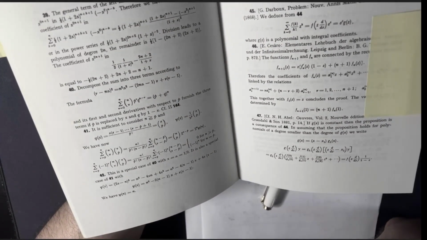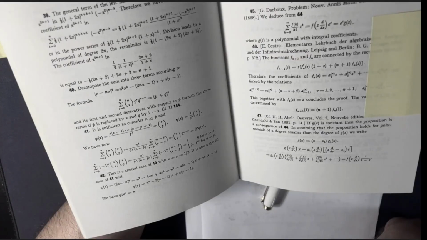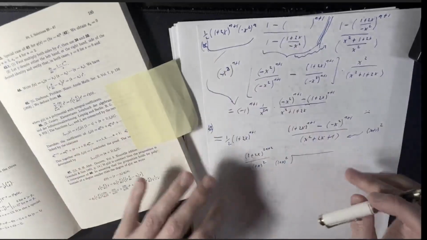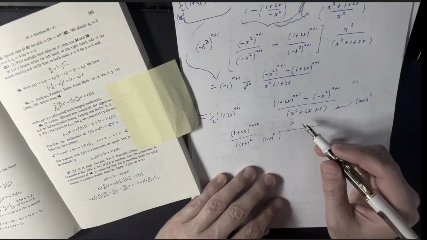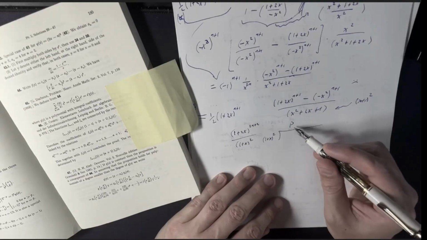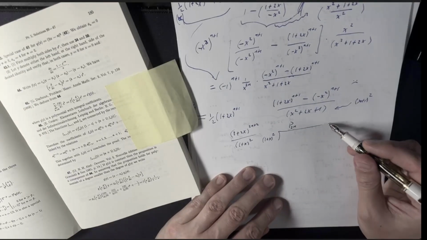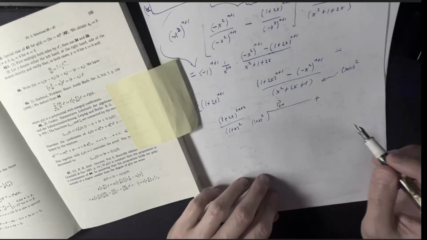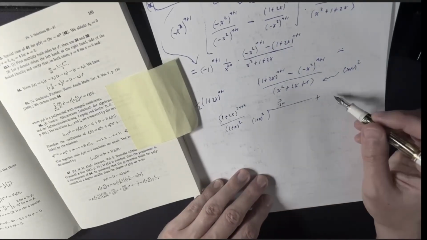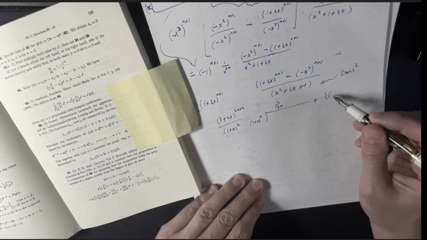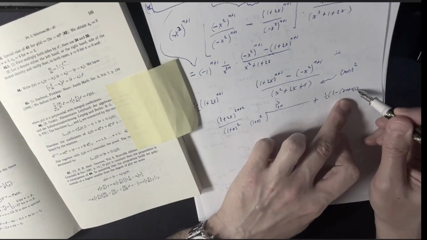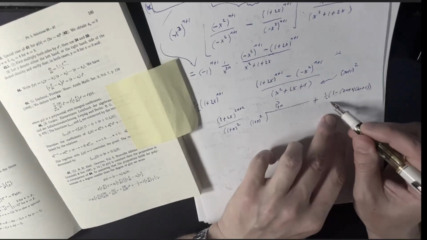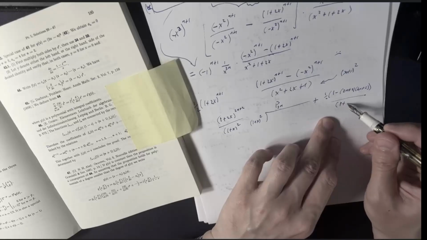The remainder is blah. You get your polynomial of degree 2n, and then you also have this remainder term, that is 1 minus 2x to the 2n plus 2, over your divisor.